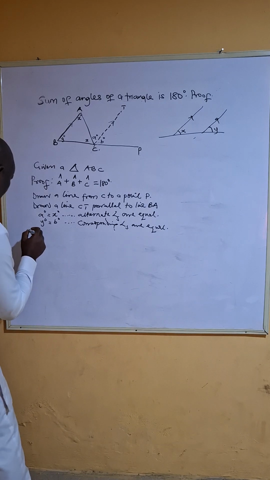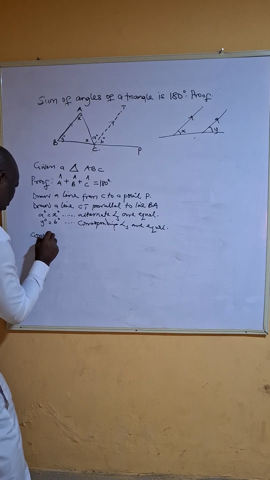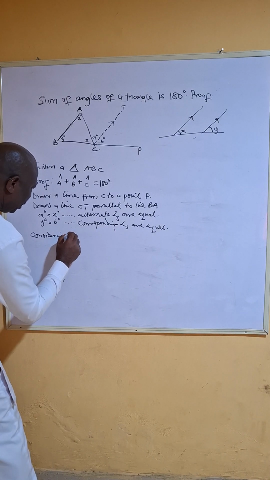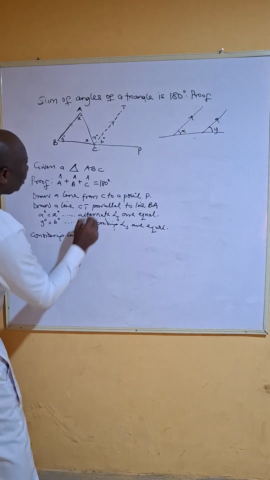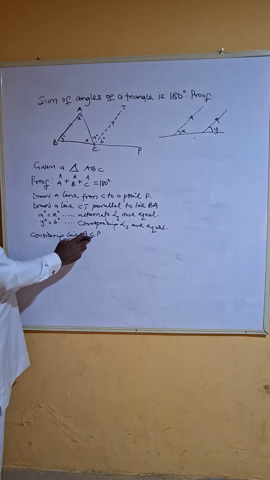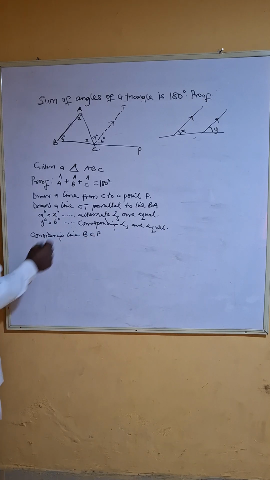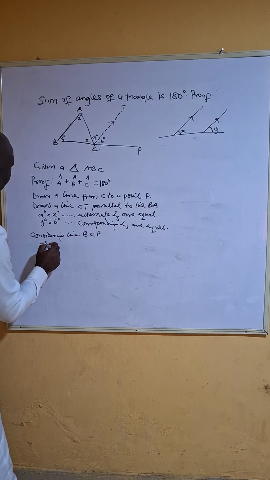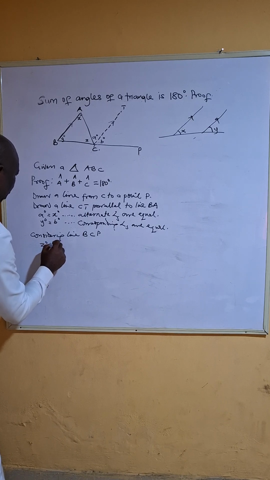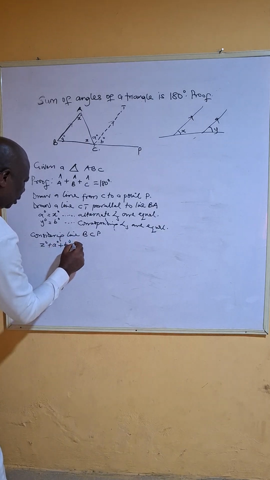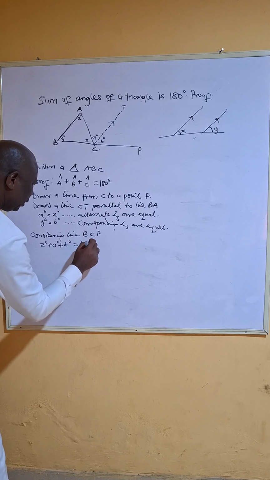Now, we say considering line BCP, we have z degrees plus A degrees plus B degrees is equal to 180 degrees.